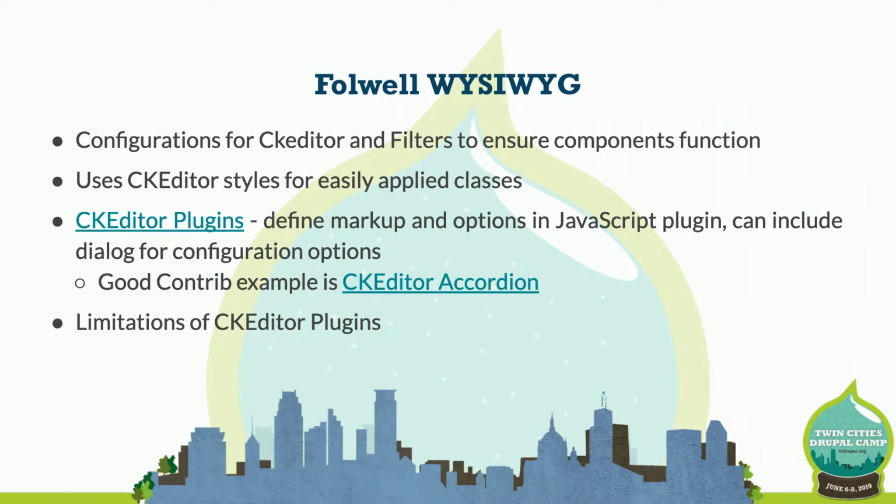So namespacing those config entities is very useful. So the Folwell WYSIWYG module comes with a pre-built text format with all of your filters set up like you should have them, so that all of the allowed markup is what it needs to be to allow these things to all be in place.